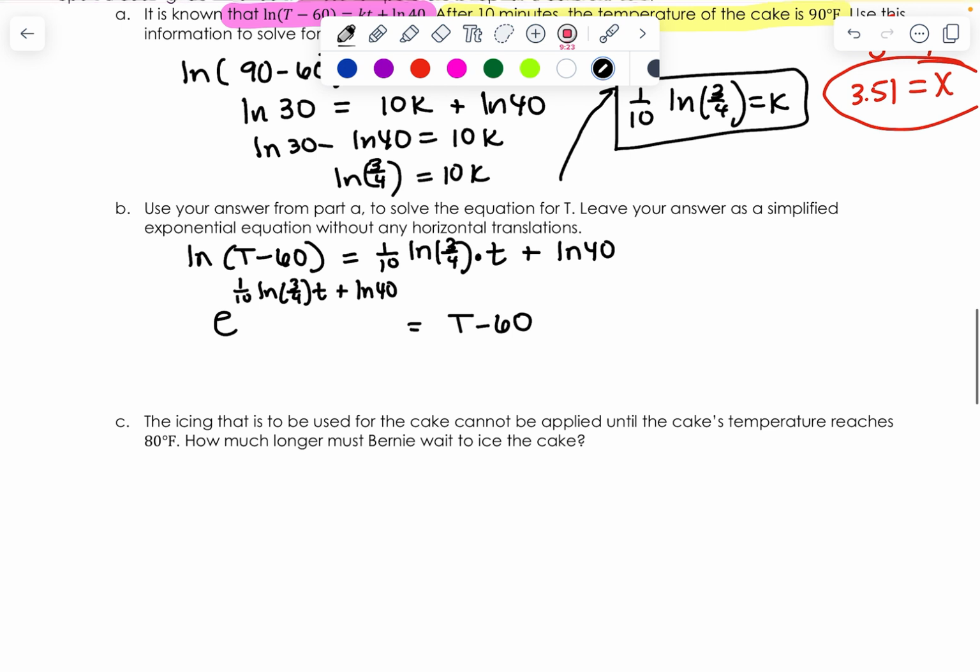All right, so now what I'm going to do is rewrite this where I'm going to bring the 1/10 up on top of your natural log. And I'm going to use the product property.